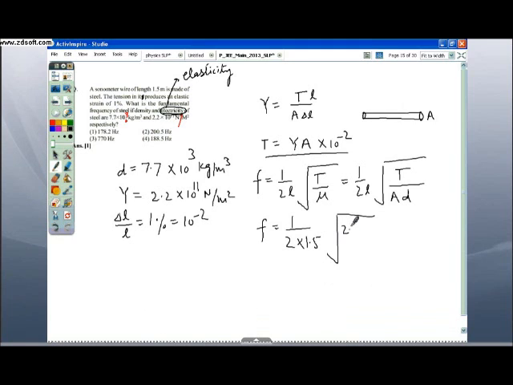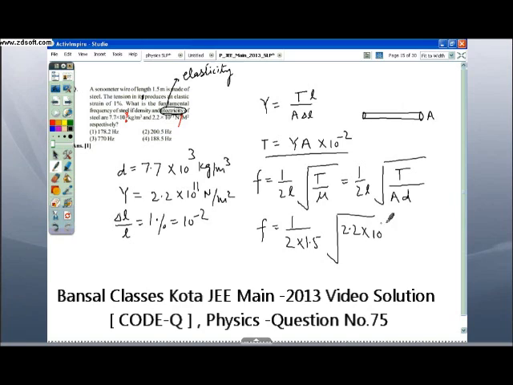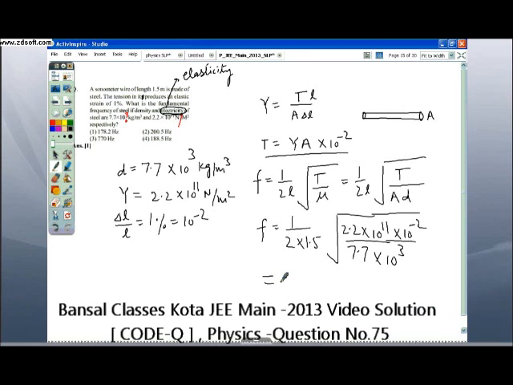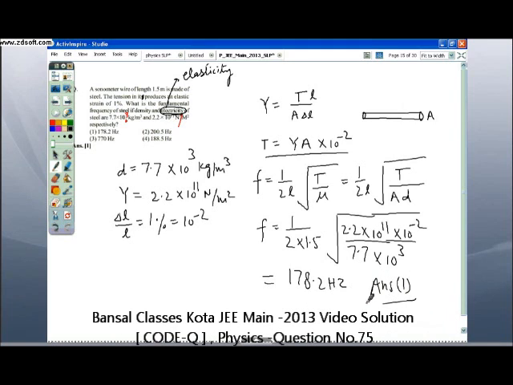Y is given 2.2 into 10 to the power 11, into 10 to the power minus 2, divided by D, that is given 7.7 into 10 to the power 3. On solving this expression, we get fundamental frequency equal to 178.2 Hz, which is answer 1.